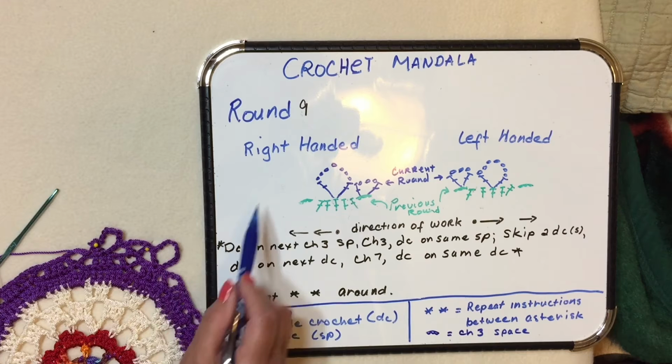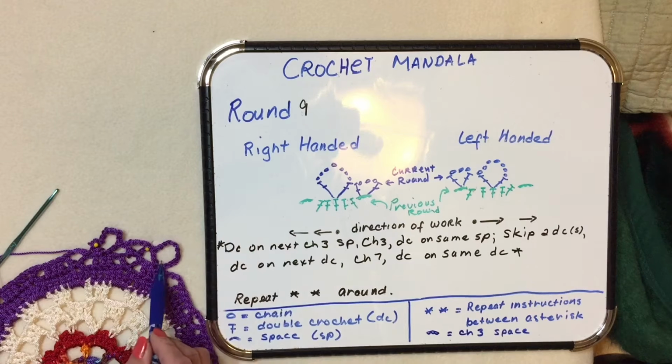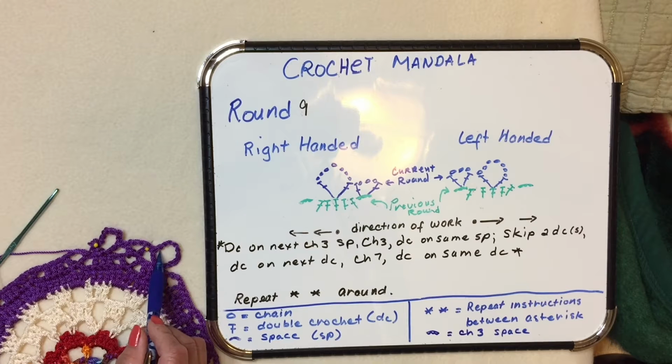This loop here is not represented in the diagram because the beginning stitch is always different from the rest.